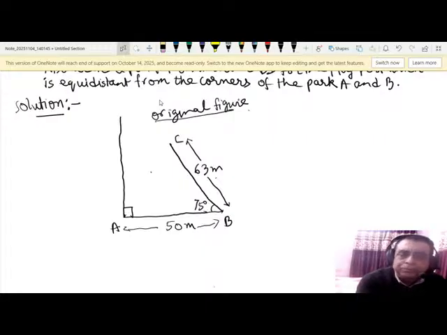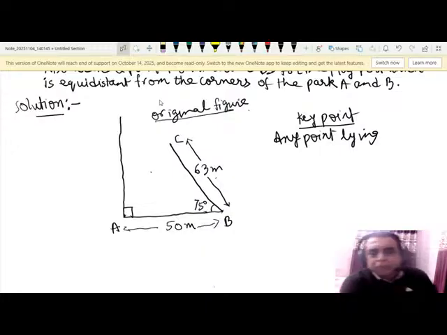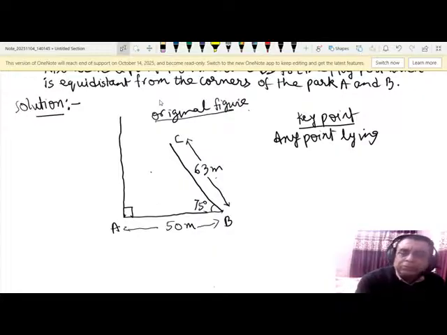Now what do we know? This is the key point. We have to find a point D which is equidistant from AB and BC. So how will we get a point D which is equidistant from AB and BC?